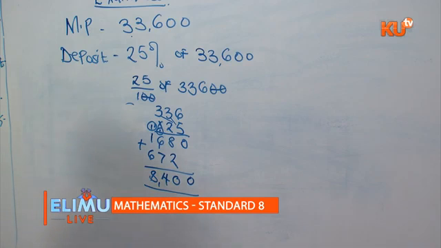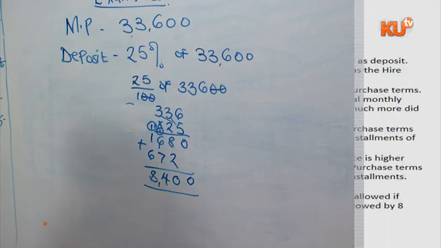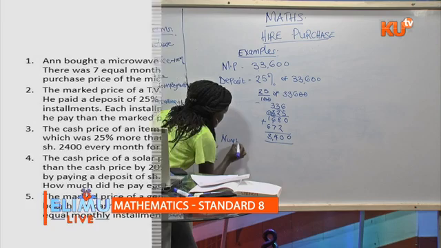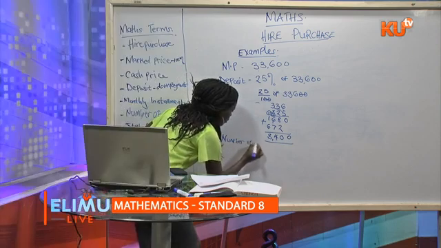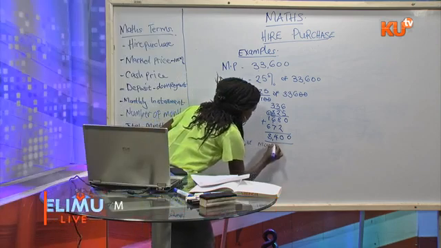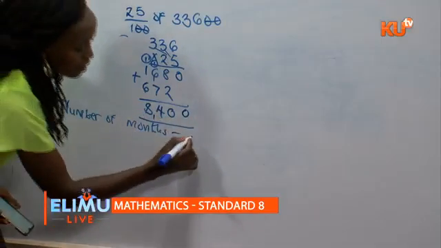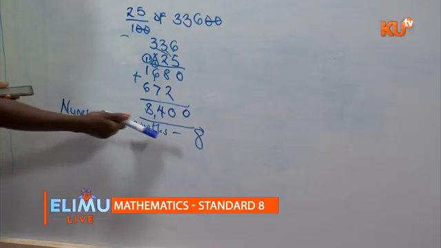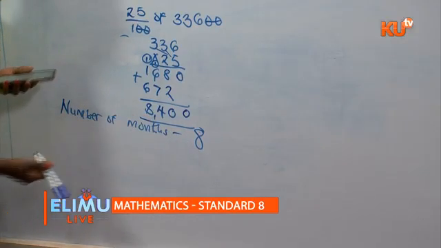We continue with our question. The statement continues to say that the rest is paid in 8 equal monthly installments. So we have the number of months. 8 equal monthly installments, meaning he paid them for 8 months.